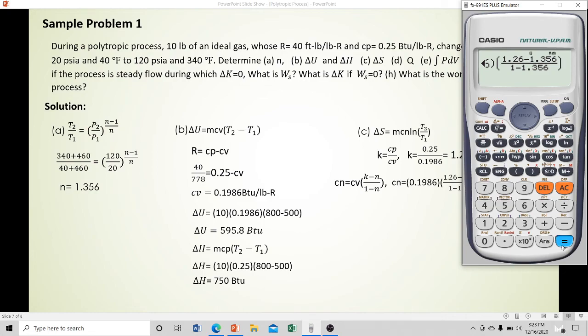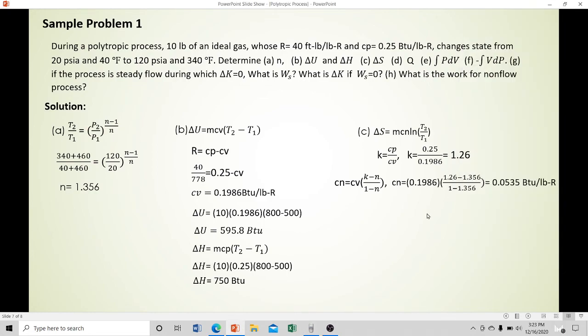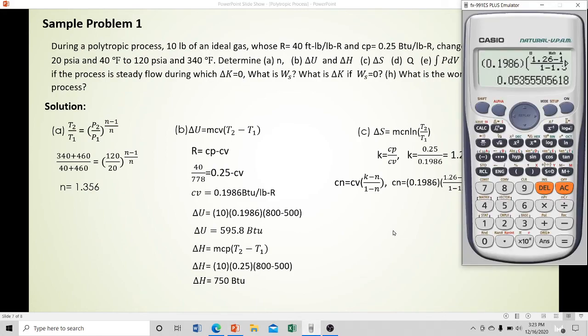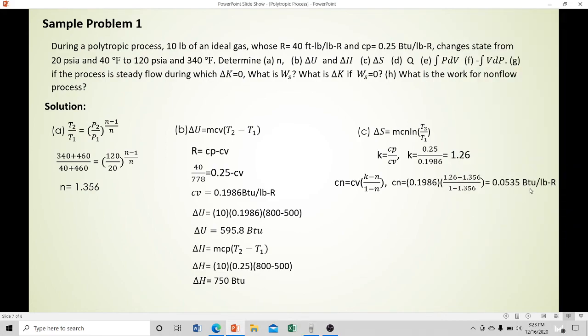So we could have this value for Cn, 0.0535 in terms of the unit BTU per pound Rankine. So we can get the value of change of entropy. We have the mass 10 pounds, Cn 0.0535, ln of the final temperature over the initial temperature, 800 over 500, which is equivalent to 0.251 BTU per Rankine. Okay.